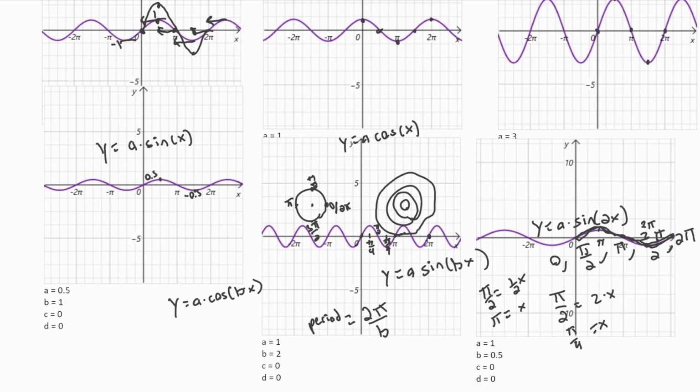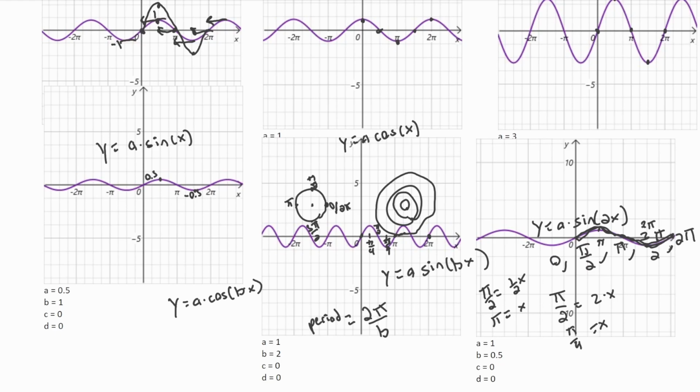If b is small, and when I say small, I mean less than 1, it's actually going to take bigger x's to get all the way to 2 pi to complete the full cycle. If our b is greater than 1, then we're going to get through it faster, and this is going to compress the graph like it did over here.